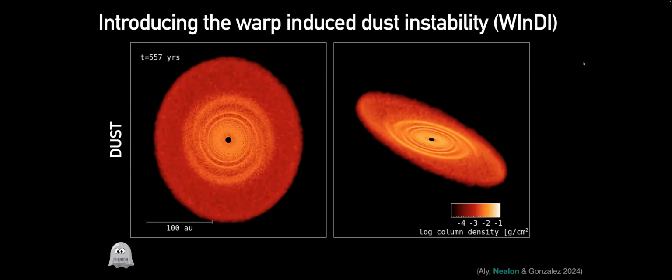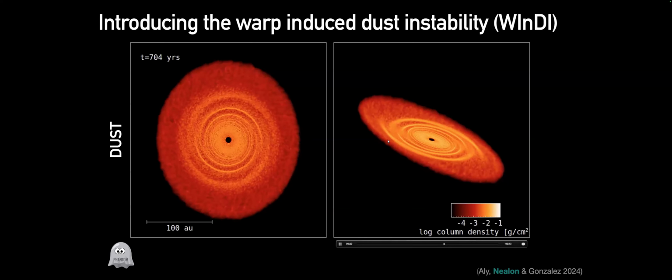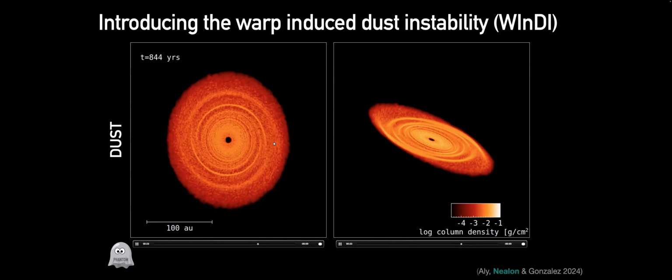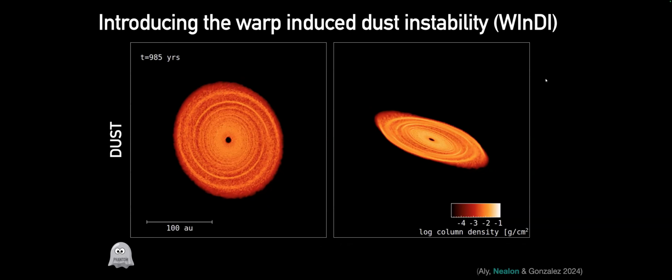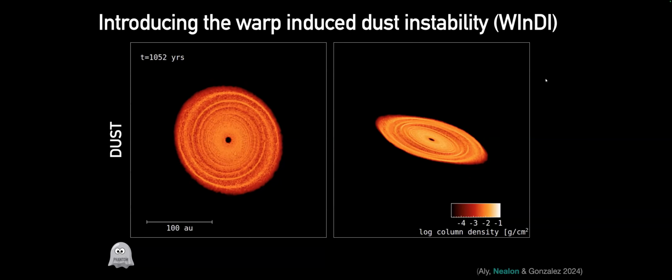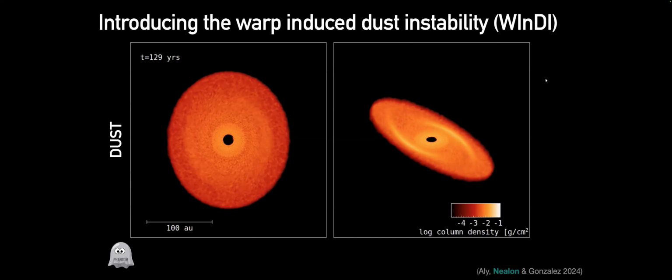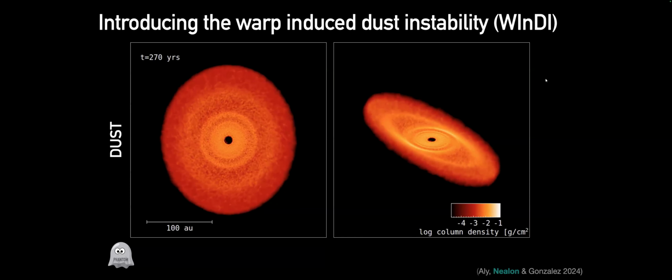But the slosh changes as the gas is going around. And so what that means is at the line of nodes here, where the slosh changes direction, you get the ring position actually changing ever so slightly. And so we call this the warp-induced dust instability, or windy for short. It's a terrible nickname because it's not produced by wind, but it was a cool name, so we went with it.